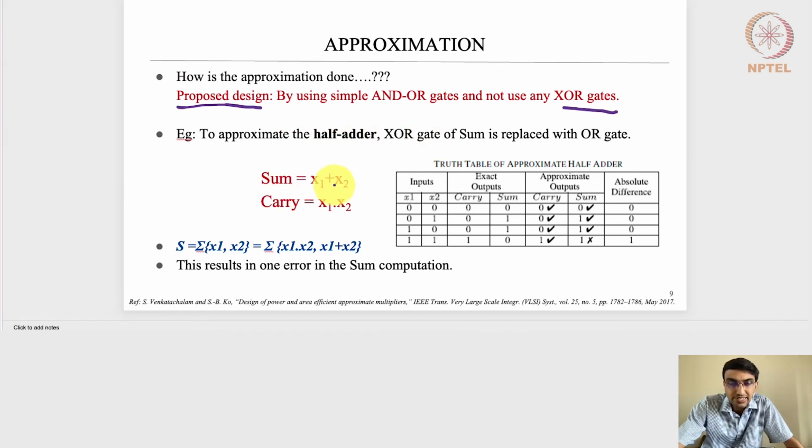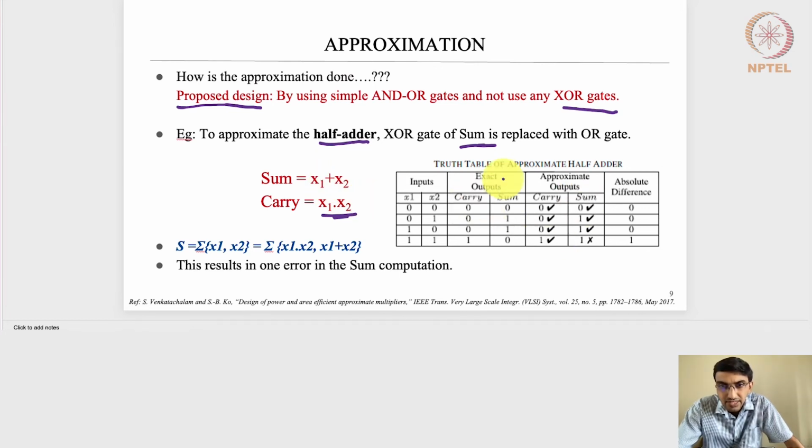So to approximate the half adder, let's say the sum is x1 and x2. The half adder has only 2 input bits, 1 carry and 1 sum. The accurate sum of a half adder is nothing but an XOR gate. But instead of an XOR gate, if I do an OR gate here, and carry retains the same AND gate, we will retain the same. Instead of the XOR here, we will do an OR gate.